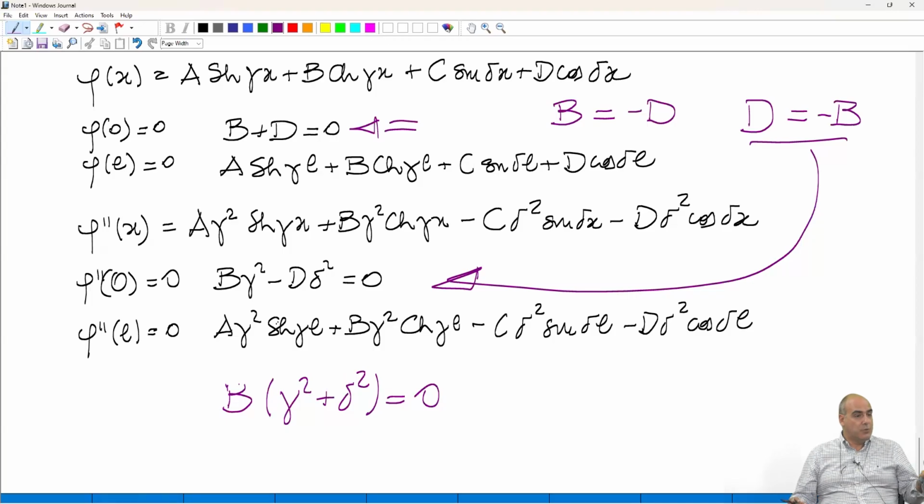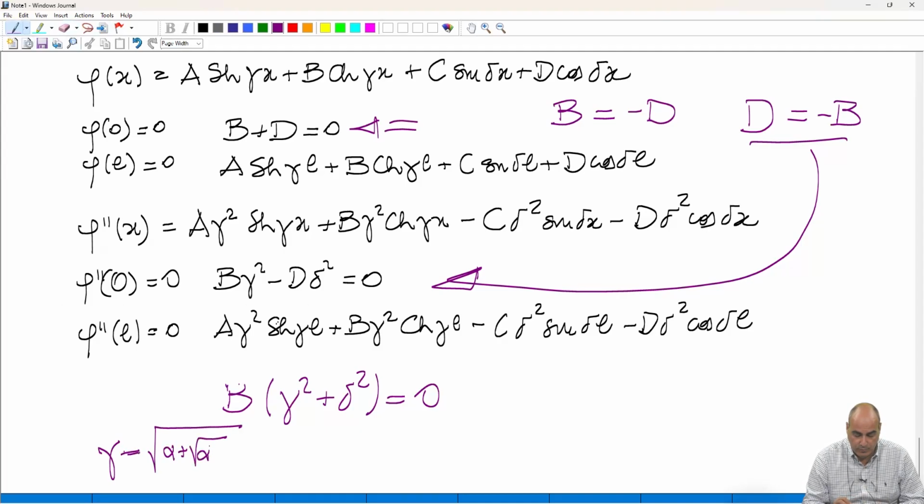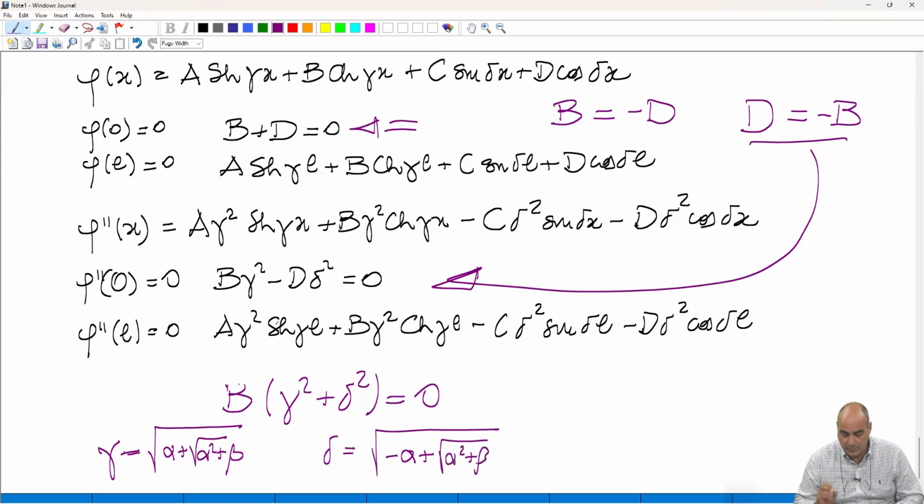Gamma square plus delta square is also a number, because remember, it's written on your slides that gamma is the square root of alpha plus the square root of alpha square plus beta, and delta is the square root of minus alpha plus the square root of alpha square plus beta.